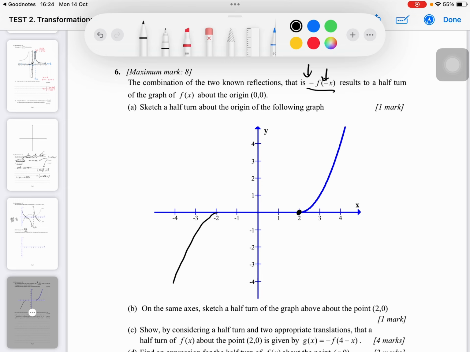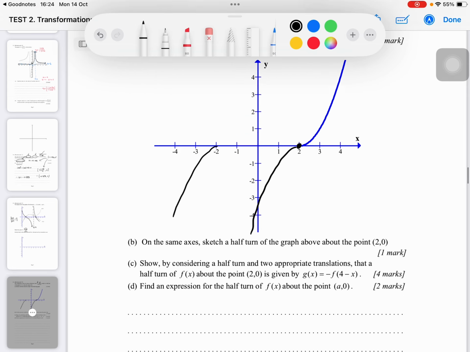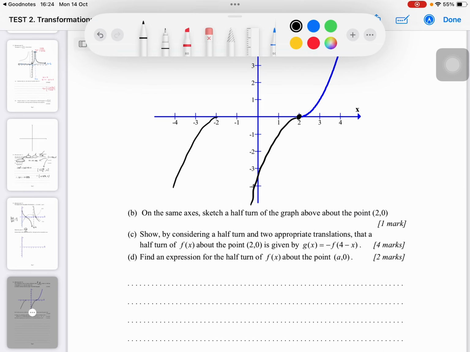Okay, so from here we can make a half turn. This can be like this. So considering the half turn with an appropriate translation, the half turn of f of x about 2, 0 can be given by negative f of 4 minus x, negative (x minus 4).